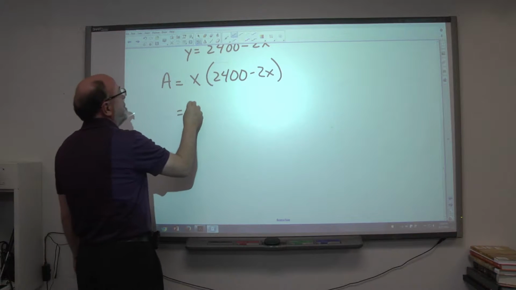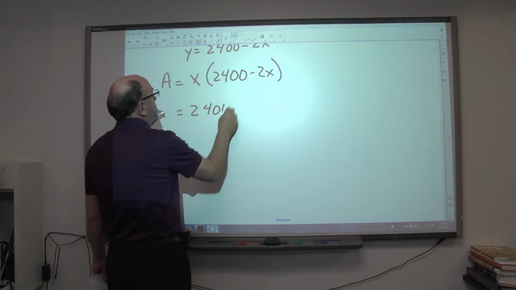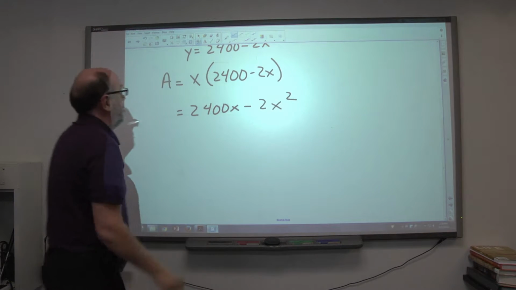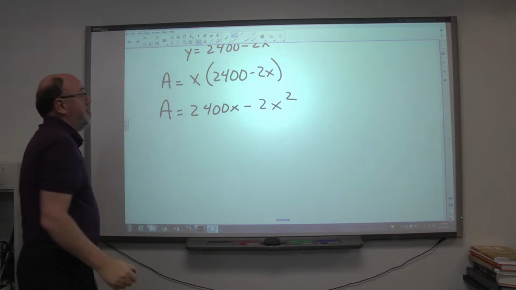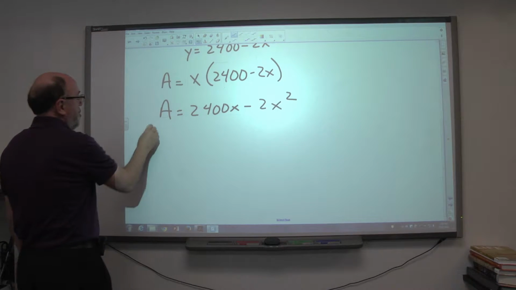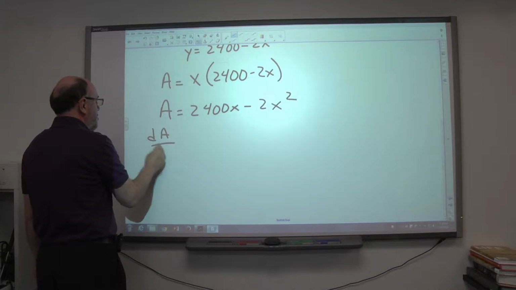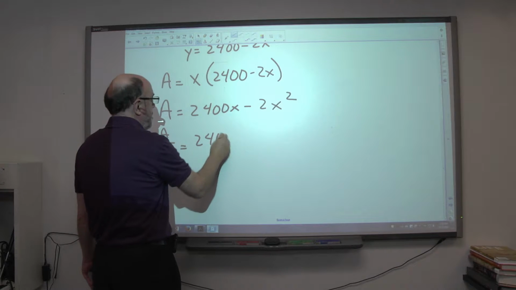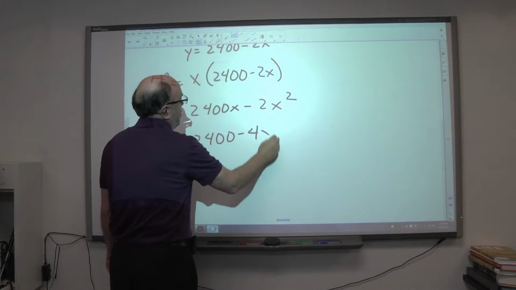And this will give us 2,400x minus 2x squared. The next thing we want to do is take the derivative, and so the derivative of the area with respect to x will give us 2,400 minus 4x.